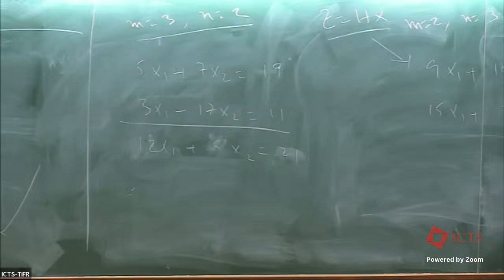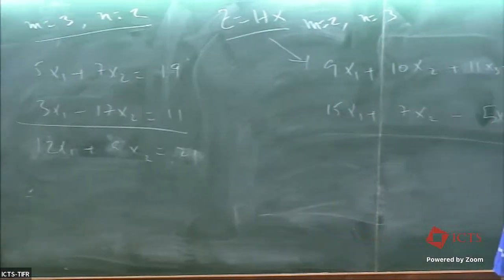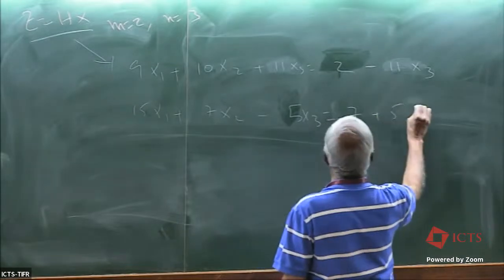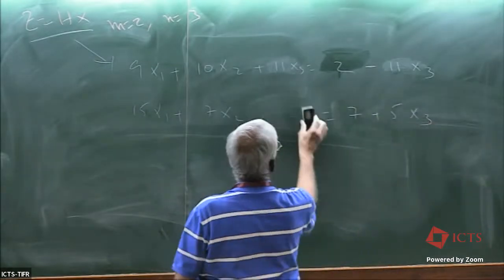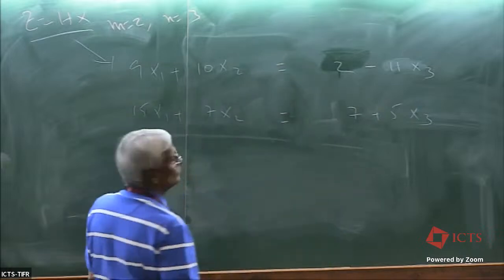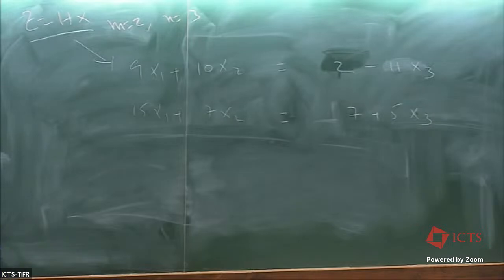All of you? That's right. Good. Now let's look at this. So what is it I could do? I could get this to this side, 11x3. I could get to this side, 5x3. I had 3 equations and 2 unknowns. I kicked one of the variables to the right-hand side.